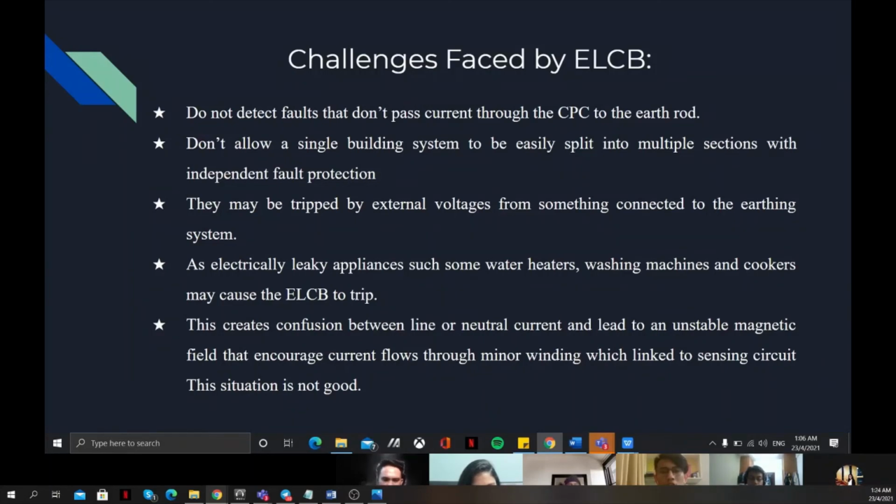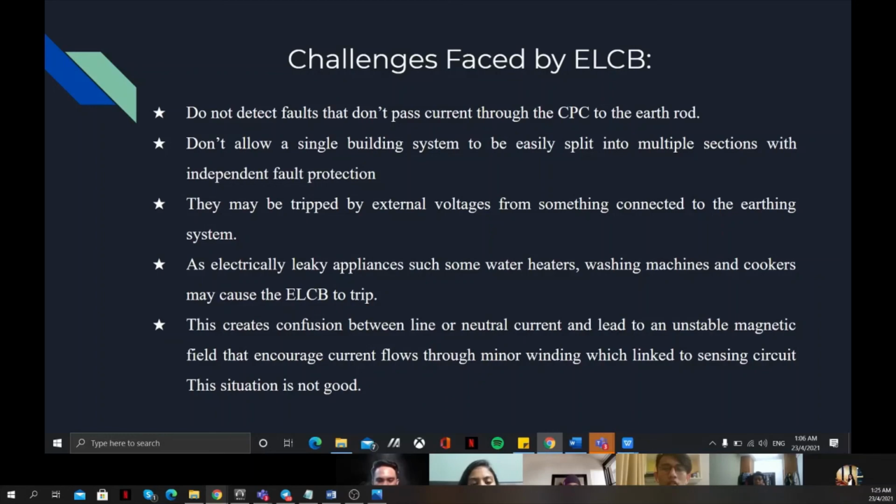And next, ELCB may also detect leaking appliances such as water heaters, washing machines, and rice cookers, which will cause the coil in the ELCB to trip. And the last is that when a trip occurs in the ELCB, a slight current will run into the ground through earth.